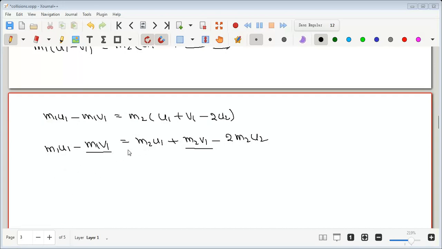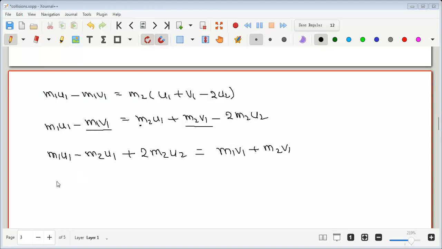Here m1 u1, bring it to the left side, minus m2 u1 plus 2m2 u2 is equal to m1 v1 plus m2 v1.